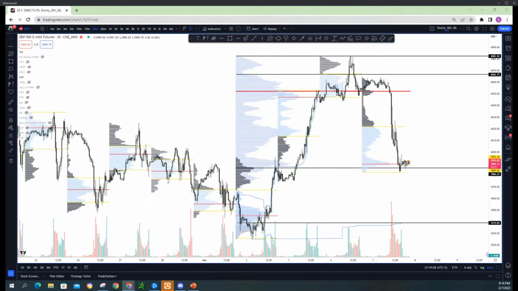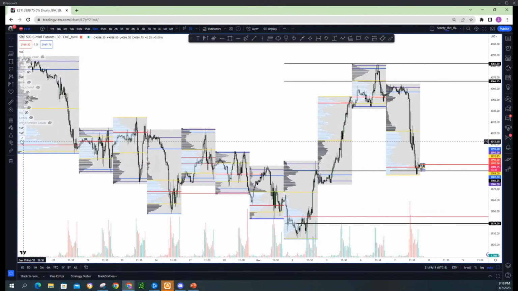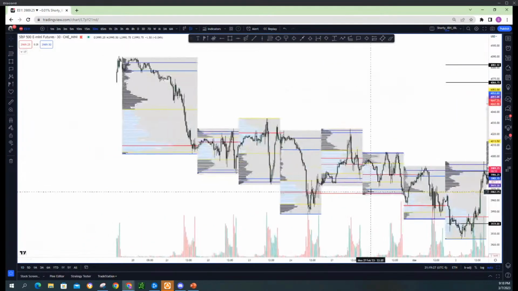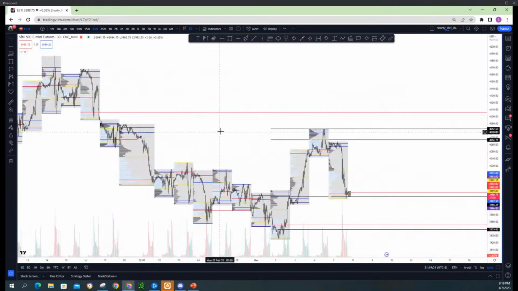That's correct, right? Usually you will get a bounce, I would say, if you turn these on. You will get a bounce and reaction in these ranges right here. You will get some kind of response, from profile to profile. Of course, you can't trade them, but look at this, for instance, here.